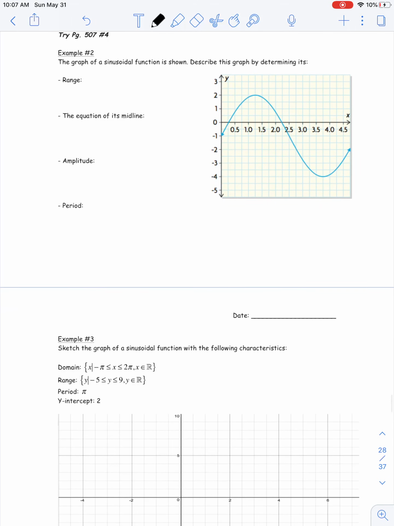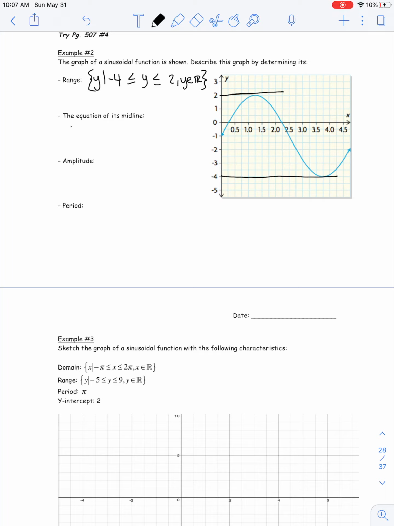Example number 2, same questions. They want the range. So we're starting from -4 and going up to +2. So this is our lowest height up to our highest height. The equation of the midline is that halfway point.